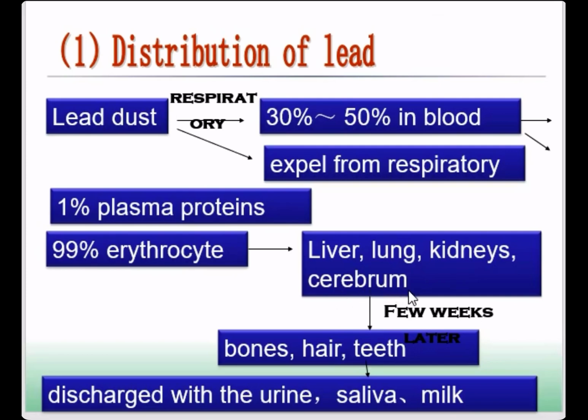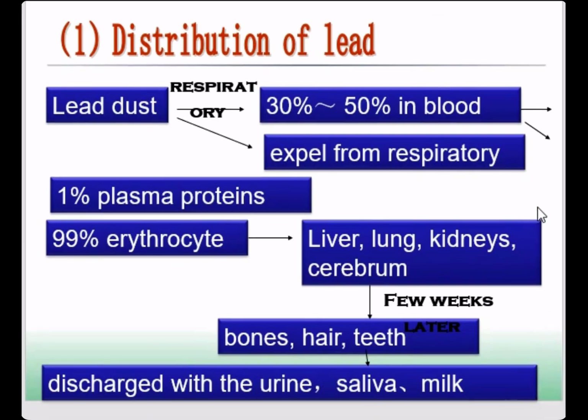That is for organs. And a few weeks later, you will find lead in the bones, hair, and teeth. It also can be discharged with urine, saliva, and milk. So we can test the patient's urine, saliva, or milk to find out the level of lead in the patient's body.